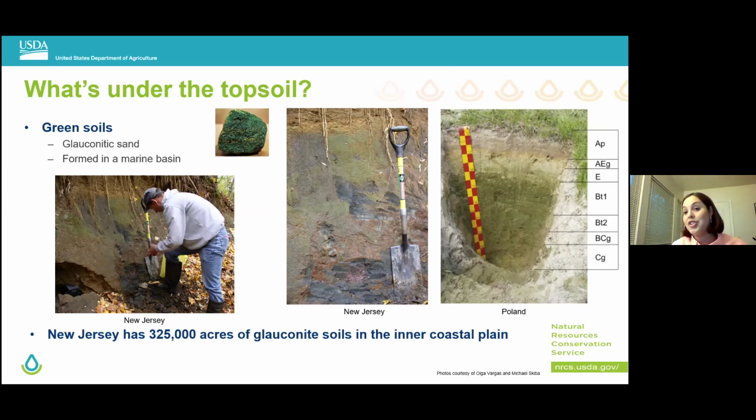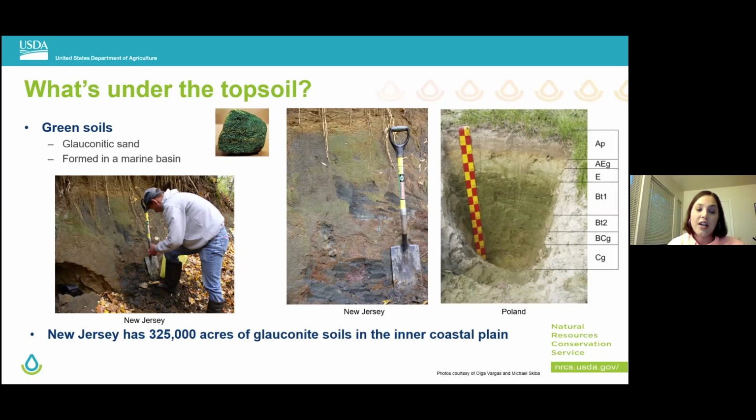The whole thing was formed underwater, and it was exposed a million years ago. Now that the water is down and the ground has been uplifted, it's weathering. And in the weathering process, the soil is still keeping some of the properties of the parent materials. That's why the soil is green.